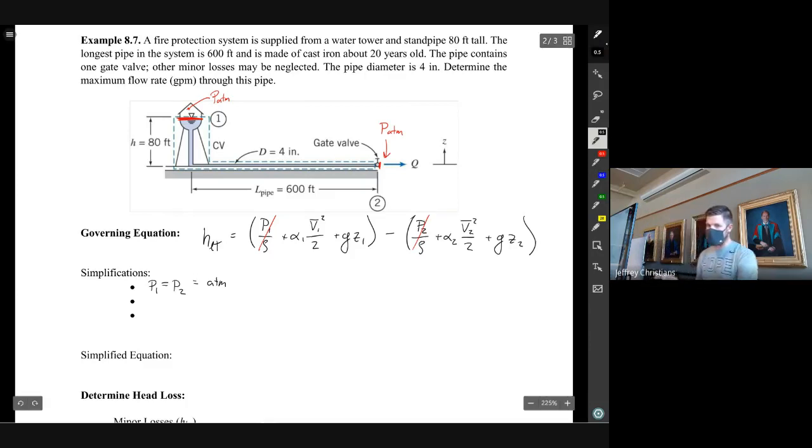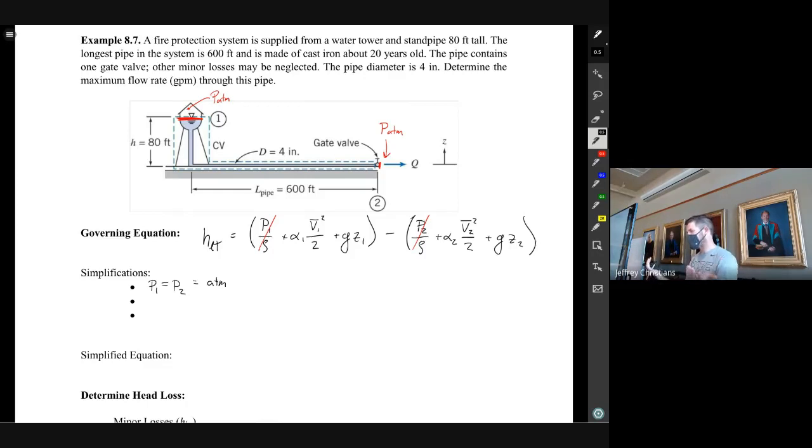The other simplification that we can do for this problem is, again, we're looking at the water at control surface 1. What kind of energy does it have? Well, it has potential energy because it's high up in the air. It also is going to have some kinetic energy as that level is dropping, but it's moving very slowly.